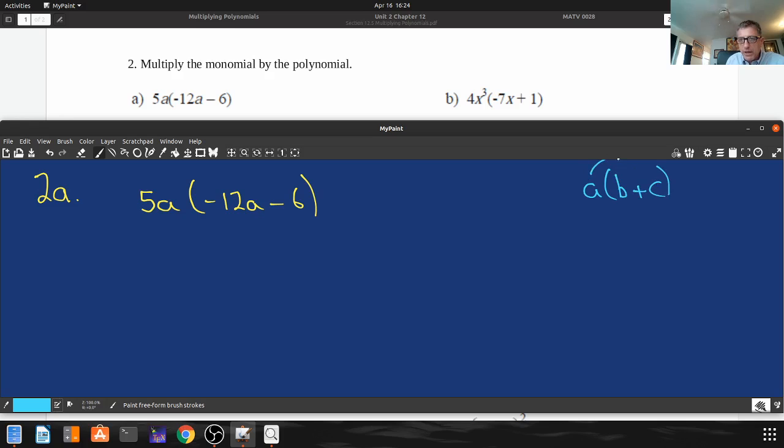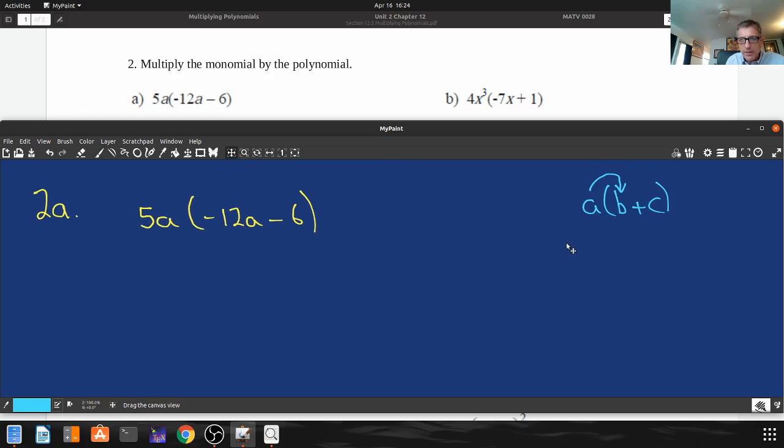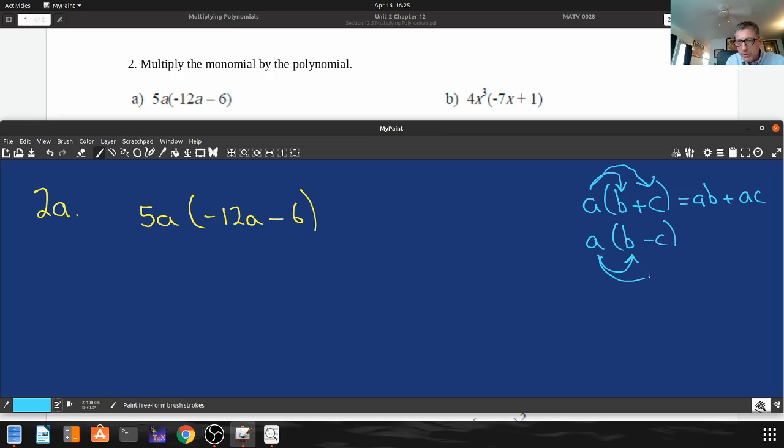Well, we multiply a times b and a times c, and we keep the sign here, so that's equal to ab plus ac. And if you need this version, again, we just use the distributive property. That's equal to a times b minus a times c.